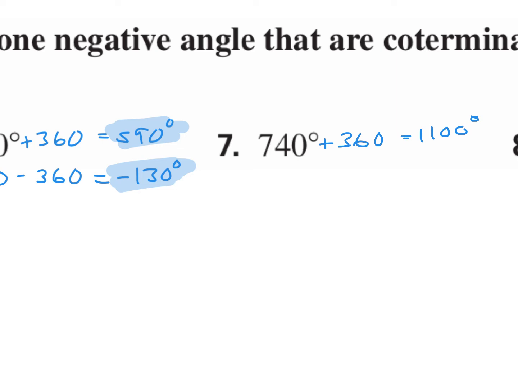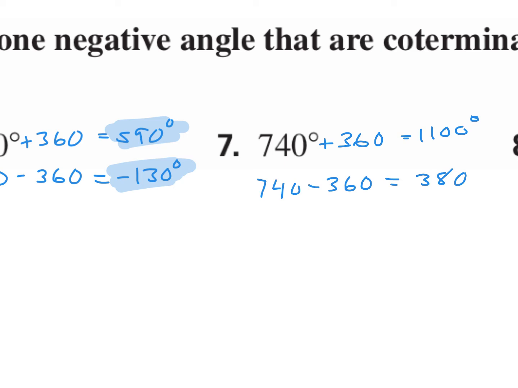1,100. How can we find a negative coterminal angle? Subtract 360, so it's 740 minus 360. 380. Is this negative?